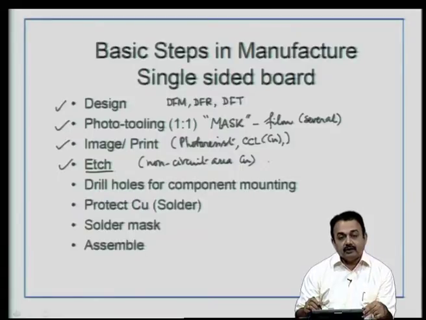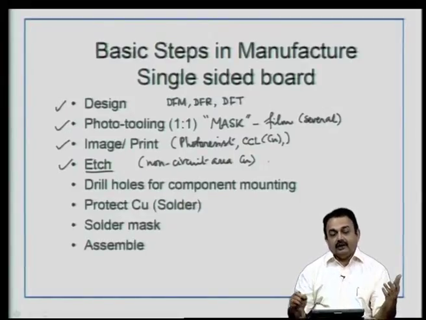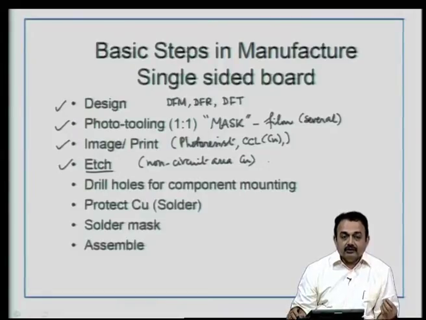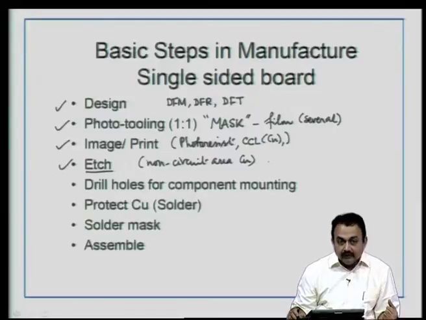So, etching is a process to remove copper from unwanted areas. That means, in this case non-circuit areas. Etching is a very general process. You can etch stainless steel using a specific etchant. In this case copper, we use specific etchants. We can also etch plastics by using certain chemicals.